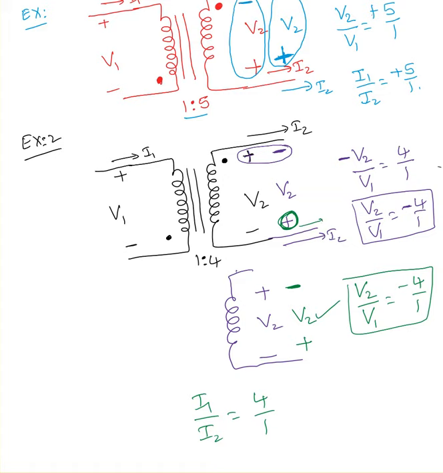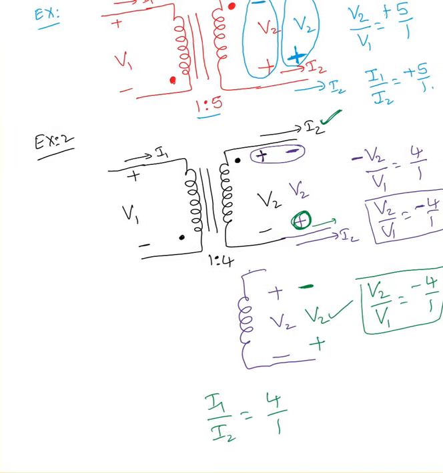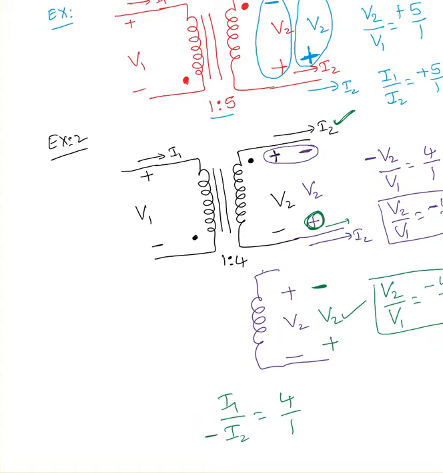So I2 is supposed to leave this terminal, but he gave you I2 leaving the other terminal, which is opposite to the calculated one found by using the dot convention. So your I2 must be negative here. So I1 over I2 equals negative 4/1.